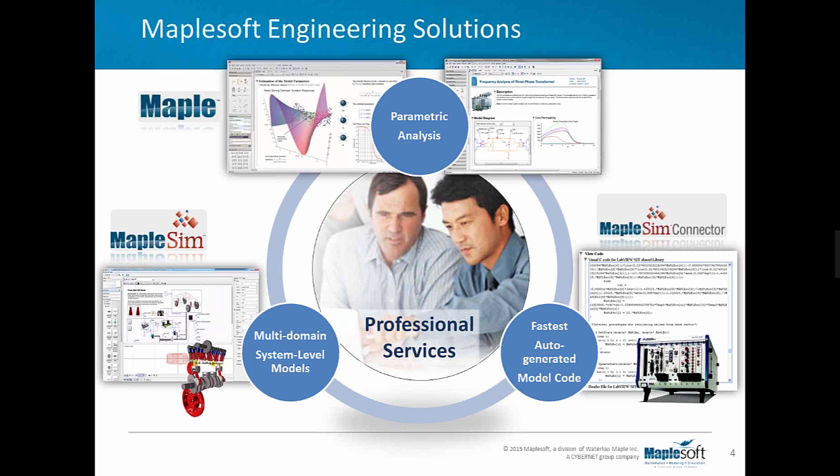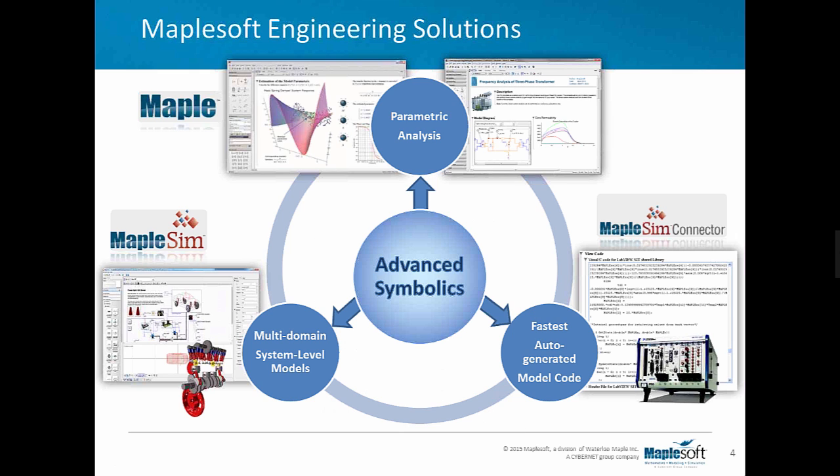And we provide the fastest automatically generated model code because of the underlying expertise and the 30 years of development that has gone into Maple. The FMI connectivity will live within this third part. As I mentioned, symbolic will play a very central role in all of these three aspects.